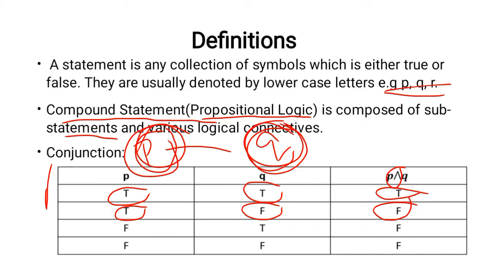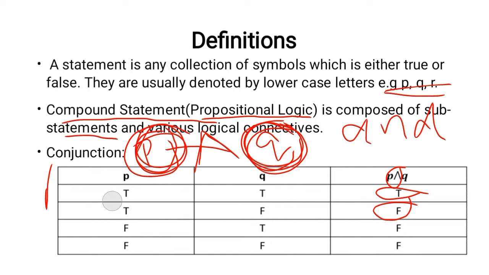By the truth table for conjunction, if you take Pedro and Quinto with the connector, another name for it is 'and', so P and Q, you look at your table. I said Pedro's statement was what?